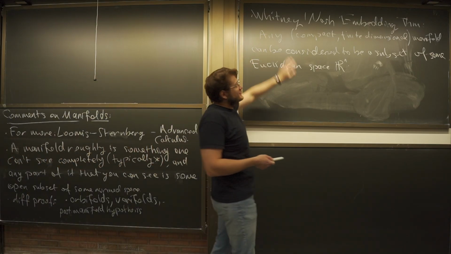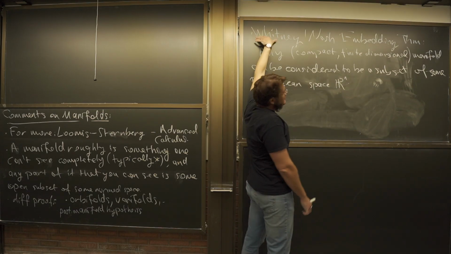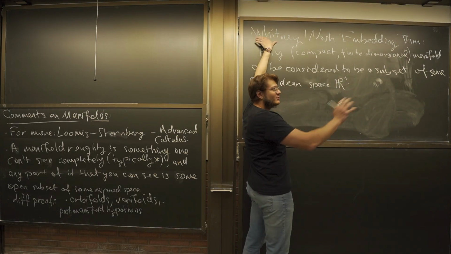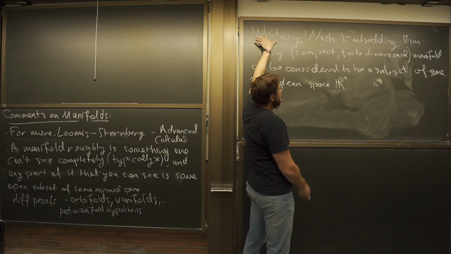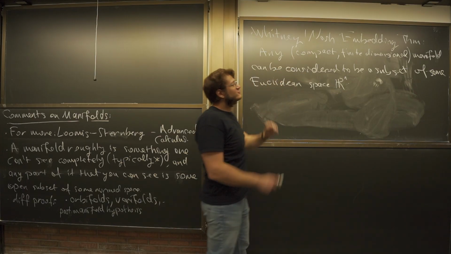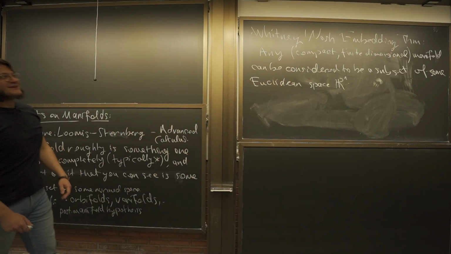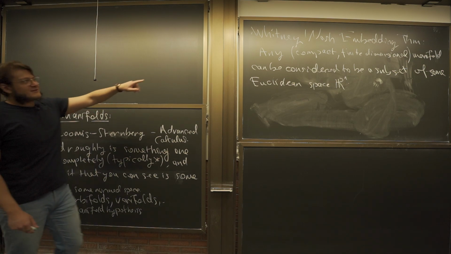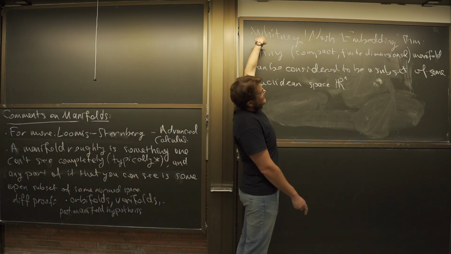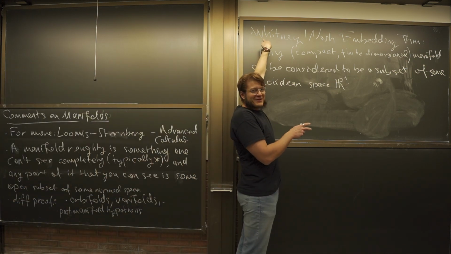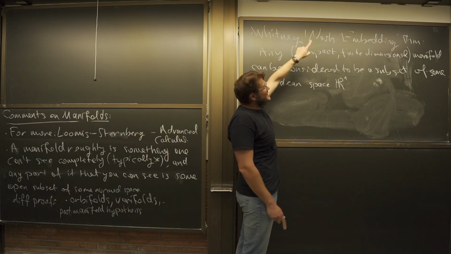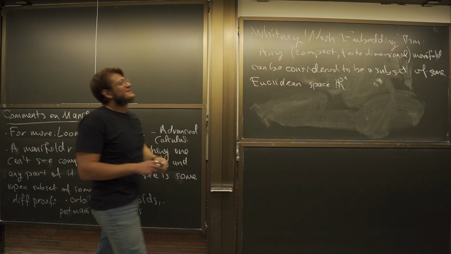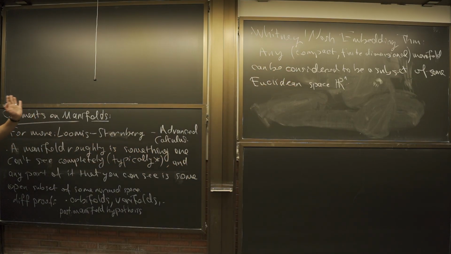And let me just say this too. These two are very different things. Whitney only keeps track of the smooth structure, so differentiability. Nash keeps track of the metric structure as well. So it's a lot more complicated, really. The way Whitney did it is essentially by Taylor approximation. With Nash, it's essentially the implicit function theorem, but he did it in a more general setting, a more complicated, more sophisticated implicit function theorem.